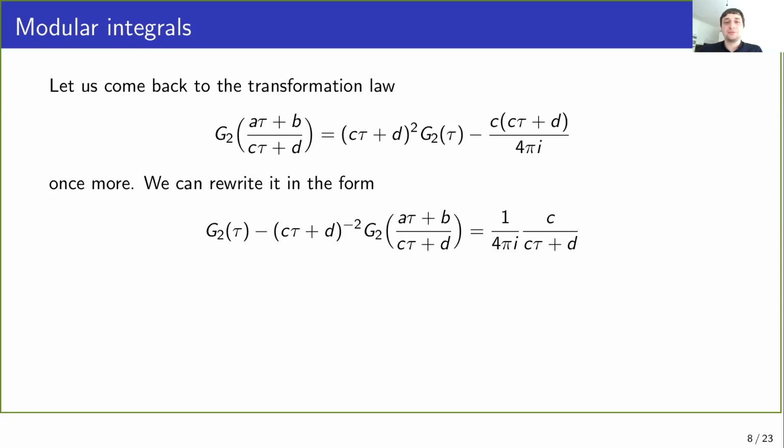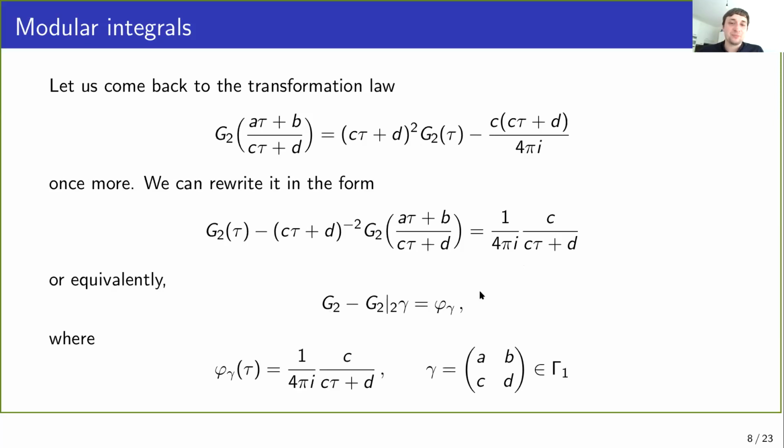If it were a modular form, then the right-hand side would just be 0, but it is not. So we can rewrite it in symbolic terms as follows: G2 minus G2 slash gamma is equal to some function phi of gamma, which is this.